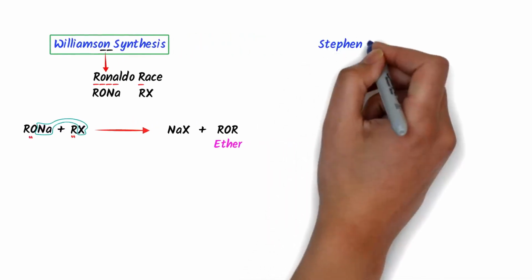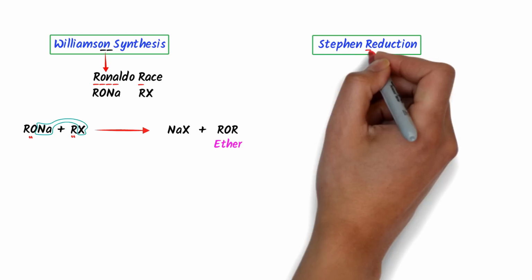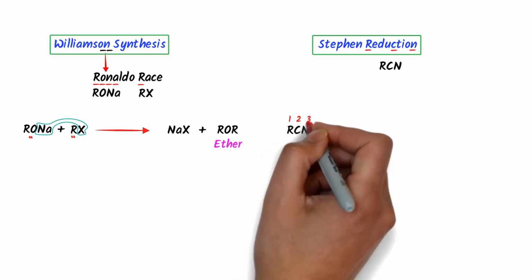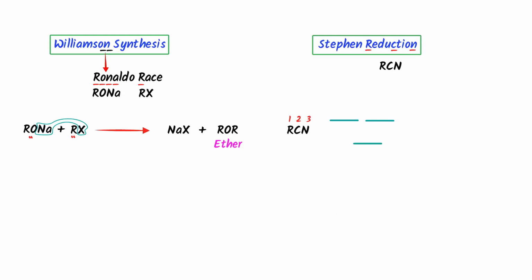Now let me teach you the Stephen reduction reaction. Well, I select R, C and N in reduction. Now this RCN stands for alkyl cyanide. Now these are the three letters as 1, 2, 3. I write here 3 dashes. Now I select S and N in Stephen.